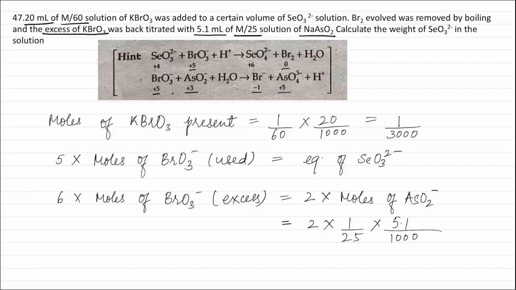Now from this equation, moles of BrO3 minus in excess will be equal to 2 by 6 into 1 by 25 into 5.1 divided by 1000. This is equal to 1.7 divided by 25 into 1000 moles. Now subtracting the moles of KBrO3 present in excess from the moles of KBrO3 present initially, we get the moles of KBrO3 used in the reaction.